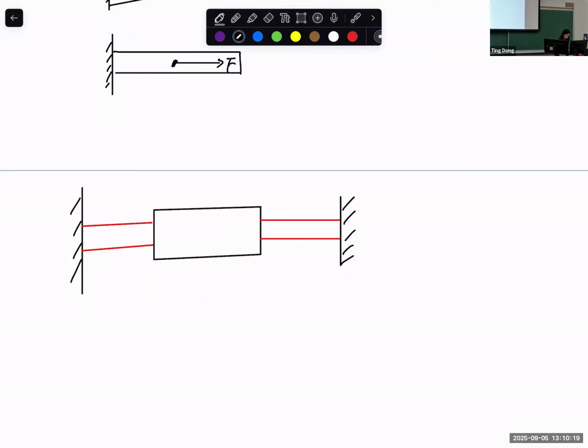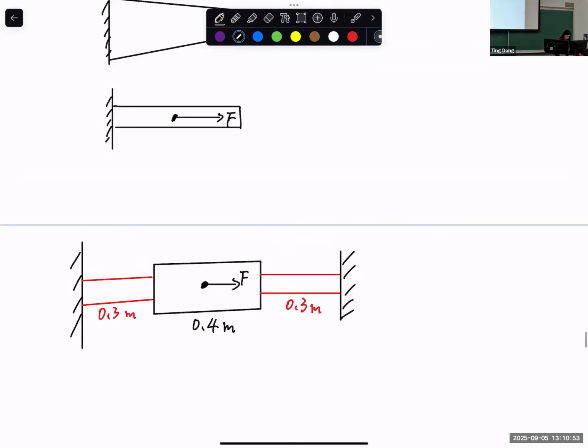We have a force applied here. So this is a point force applied at the middle point. And we have the length of each section. I still use different colors. So the red part, 0.3 meter. This side is symmetric, 0.3 meter. The center section, 0.4 meter.